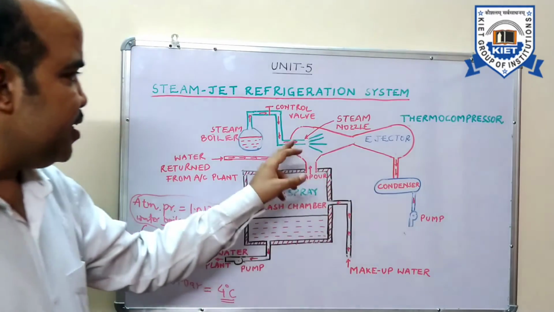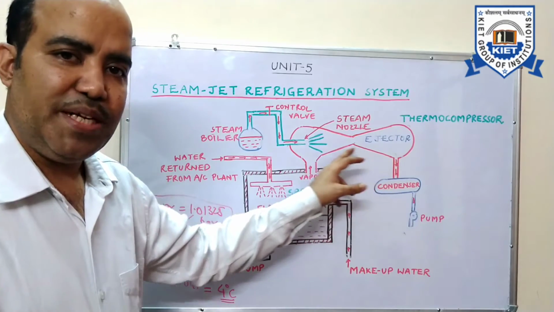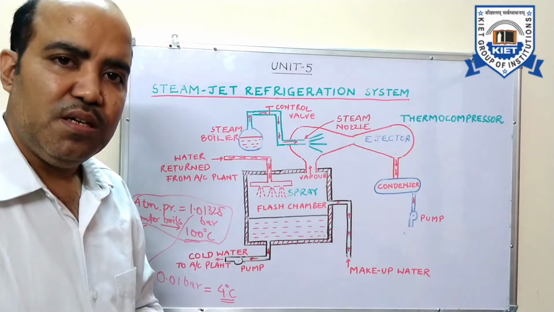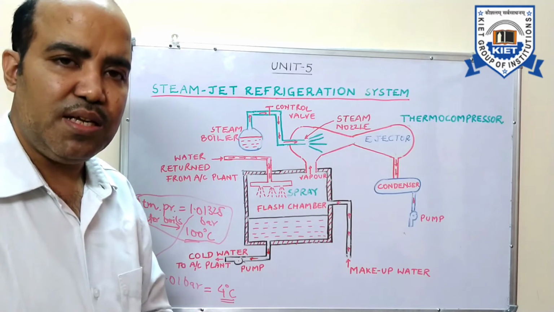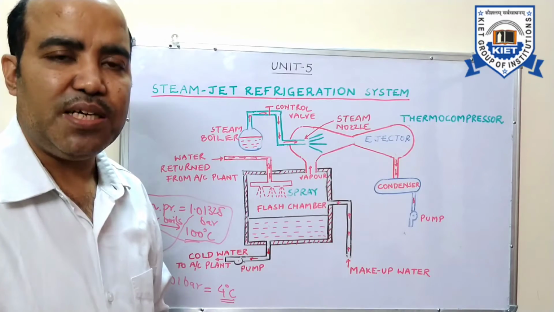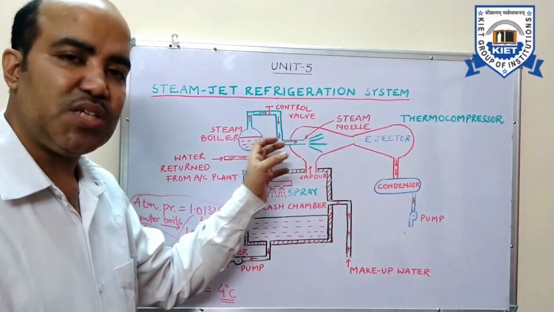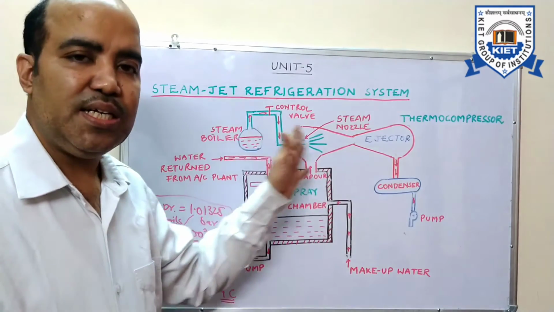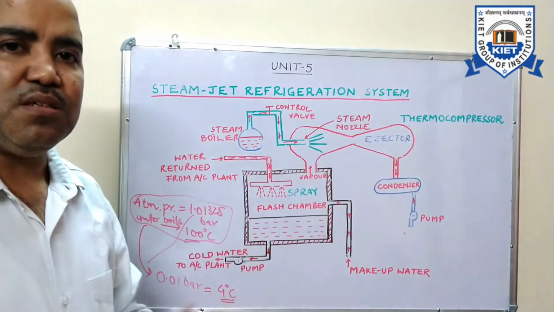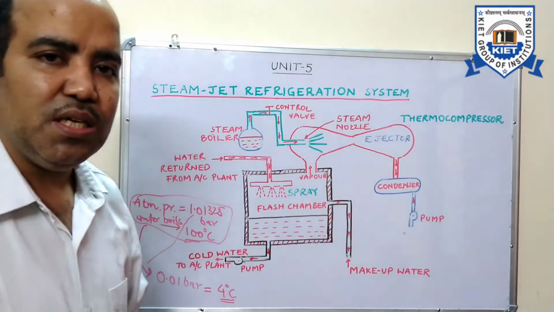Instead of the mechanical compression system, with cylinder and piston arrangement in a reciprocating compressor powered by mechanical power, this is a heat driven refrigeration system, that is, compression of the vapor takes place by means of heat.